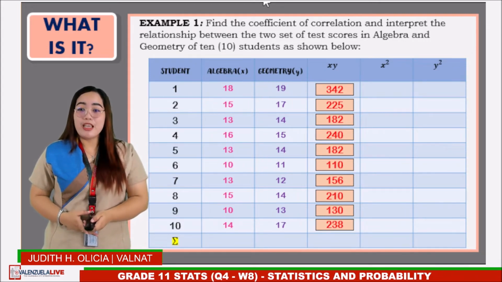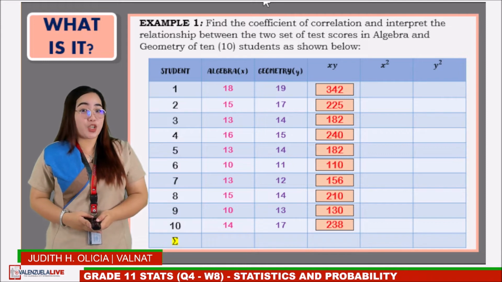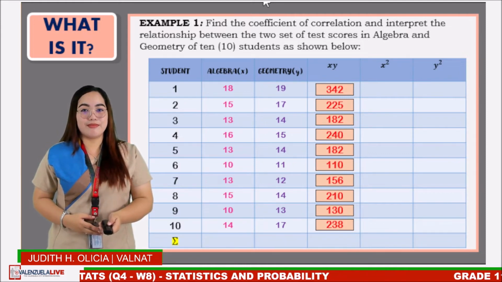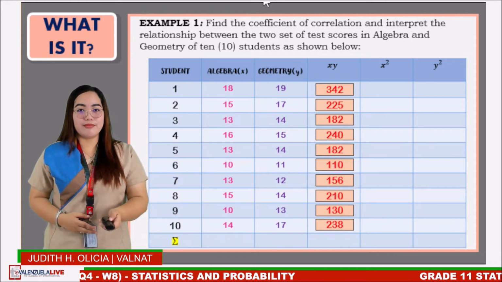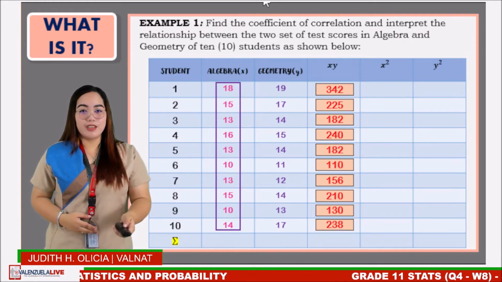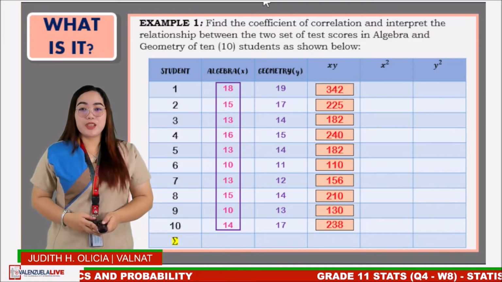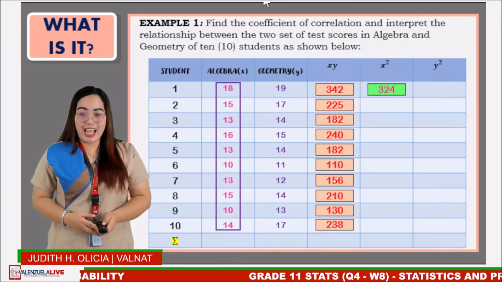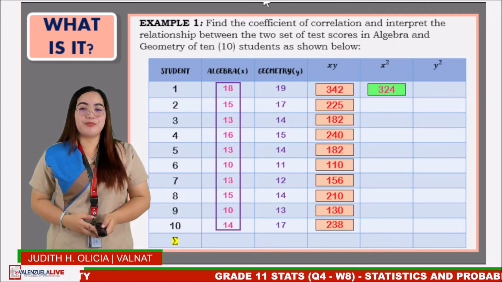The second step is to get the square of each element of X. 18 multiplied by 18, the product is 324.